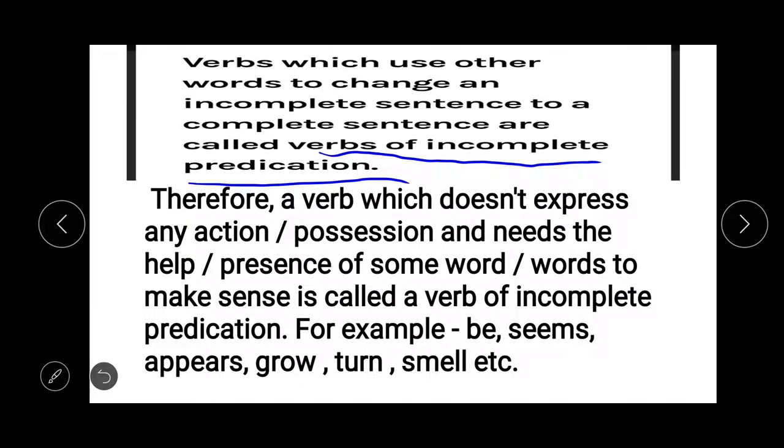Therefore, students, a verb which doesn't express any action or possession and needs the help or presence of some word or words to make sense is called a verb of incomplete predication.